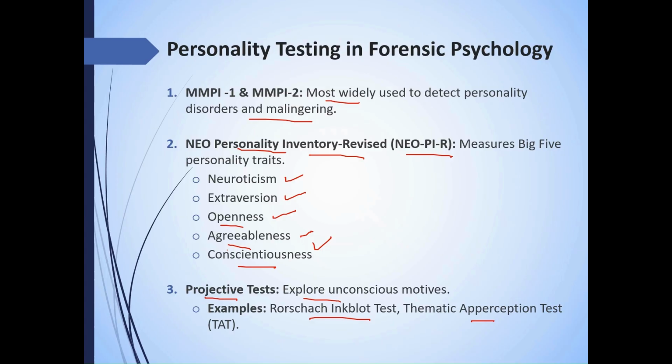In a forensic context, if the story is full of violence or fear, this could indicate unresolved anger or trauma in an offender, right? So this is a storytelling test which is going to reveal motives and emotions. So these are the main personality tests that we use to evaluate or study a person.